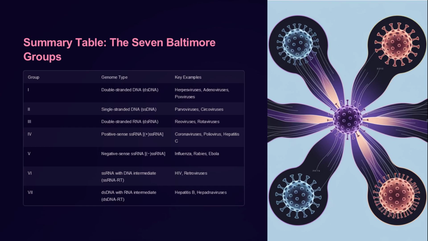Group 6, ssRNA-RT: HIV, retroviruses. Group 7, dsDNA-RT: hepatitis B, hepadnaviruses. This comprehensive table provides a helpful framework for understanding the diversity of viral genome structures.